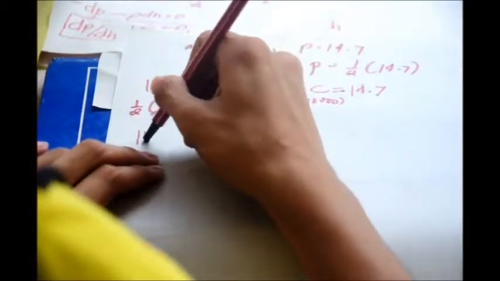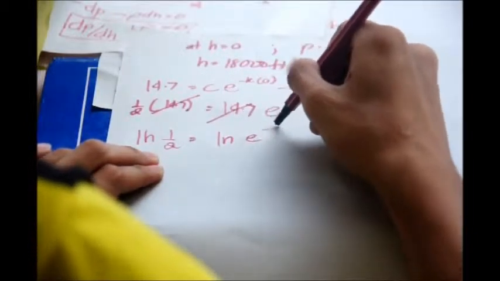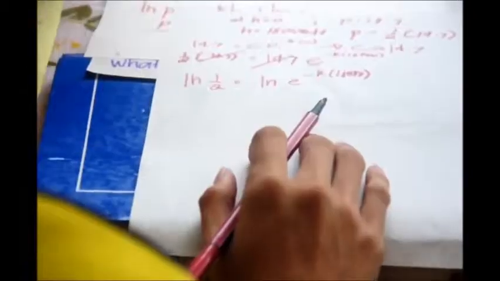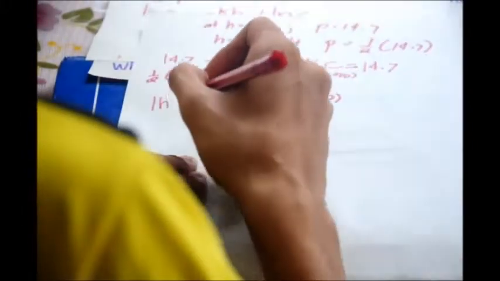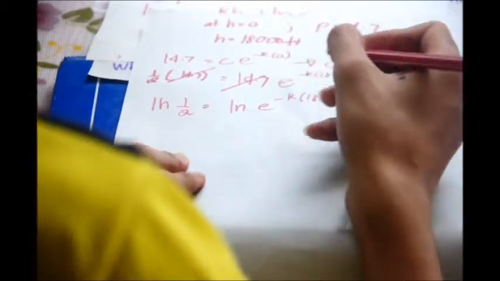So ln of 1/2 equals ln of e to the negative 18,000k.